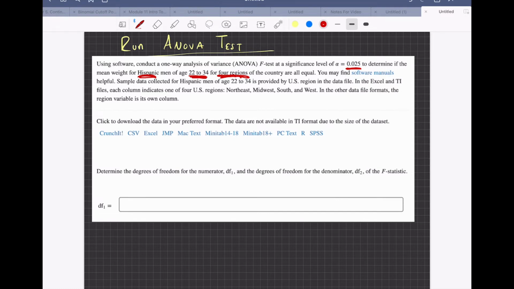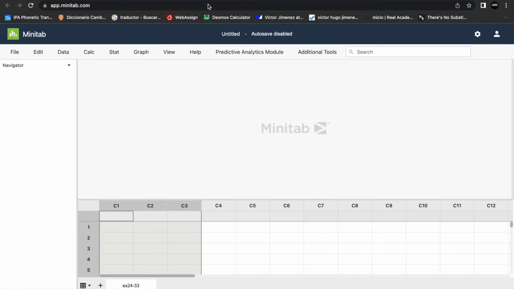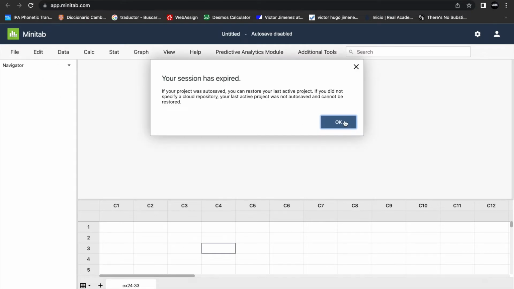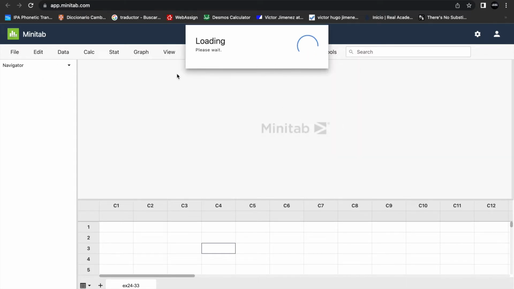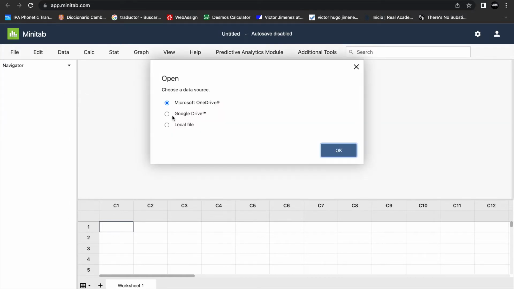In the Excel, all right, this we don't need to read out after that. So you will have to download the data here, and of course, go to Minitab to do this. Go to File, Open, Worksheet, Local File, OK.